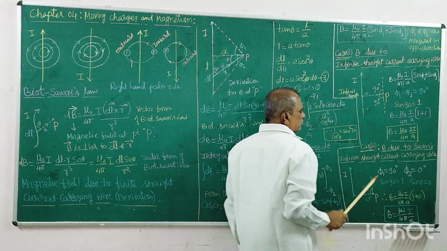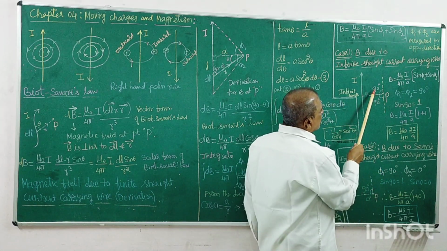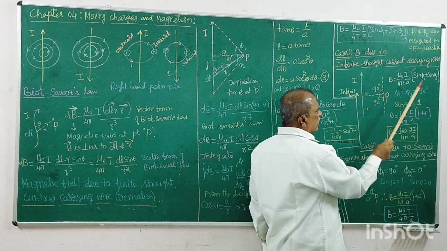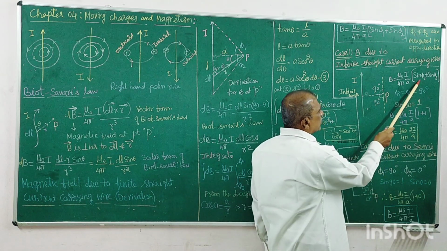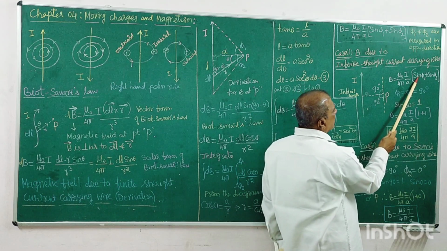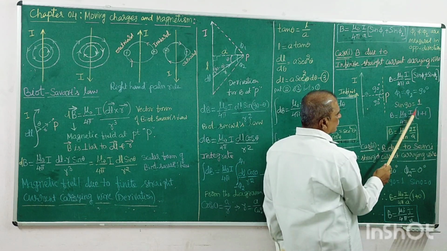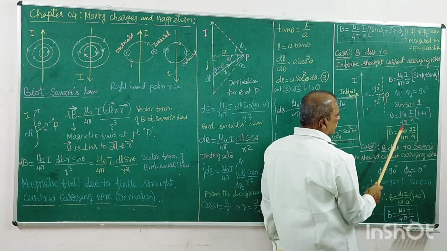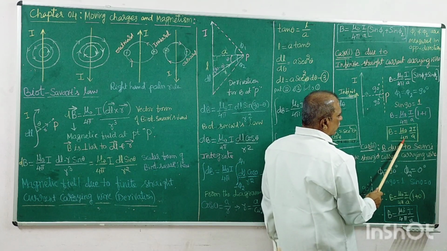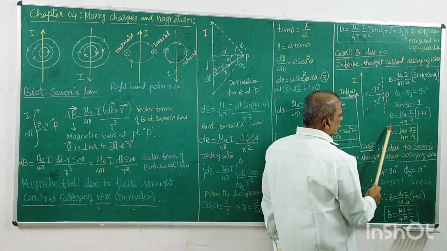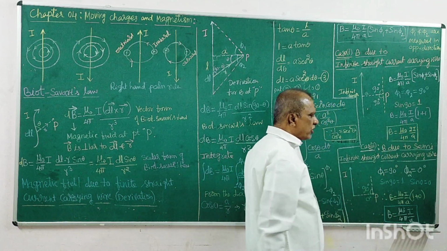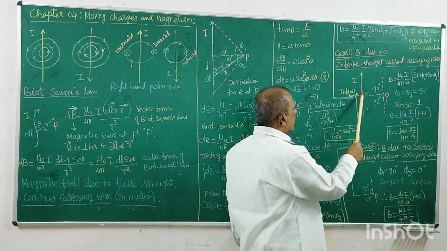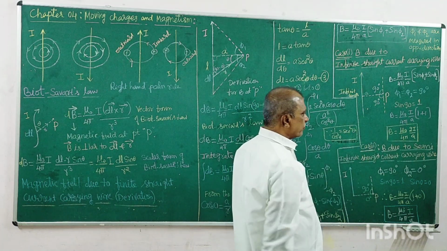So theta 1 is 90 degrees and theta 2 is 90 degrees. Put this into the equation: sin 90 plus sin 90 is 1 plus 1, which is 2. So B equals mu naught by 4 pi into 2I by a. That is the amount of magnetic field at the point if the current carrying conductor has infinite length.